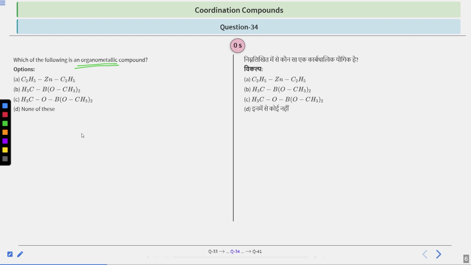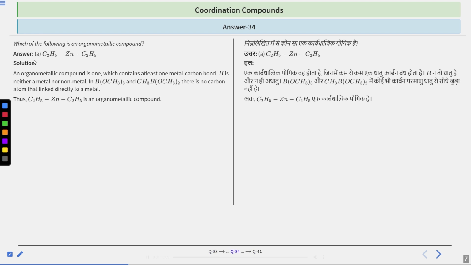Okay, let's see. The correct answer is option A, that is zinc directly connected to two ethyl groups. An organometallic compound is one which contains at least one metal-carbon bond.